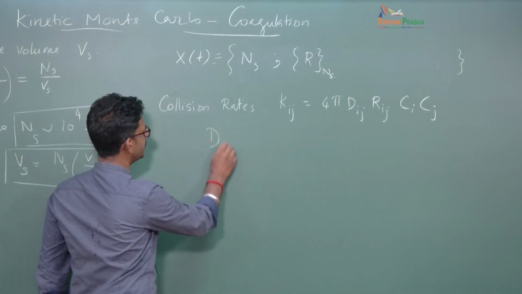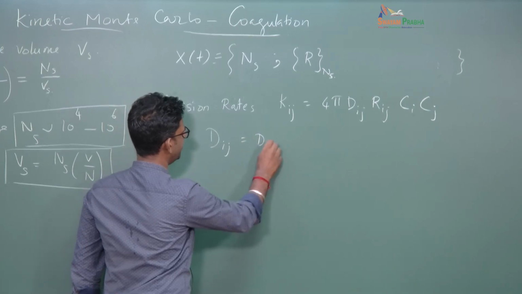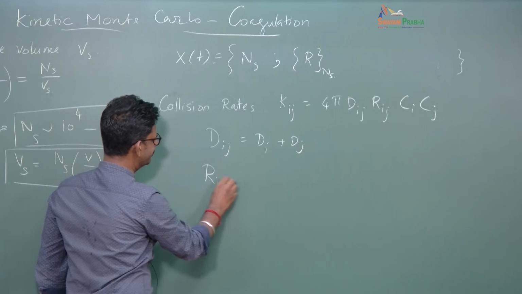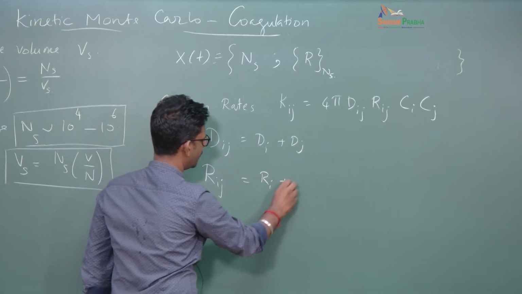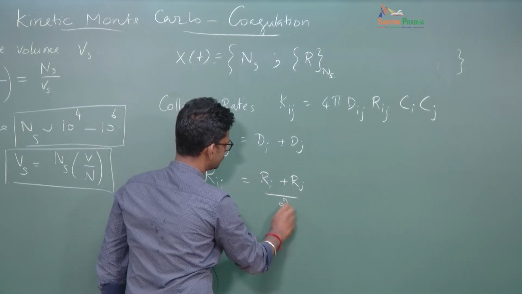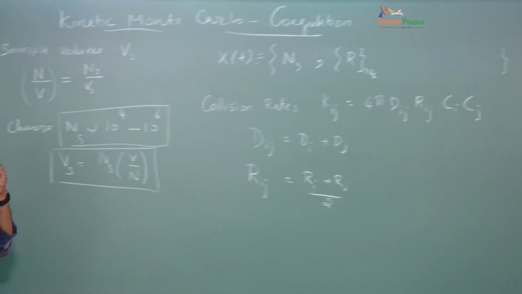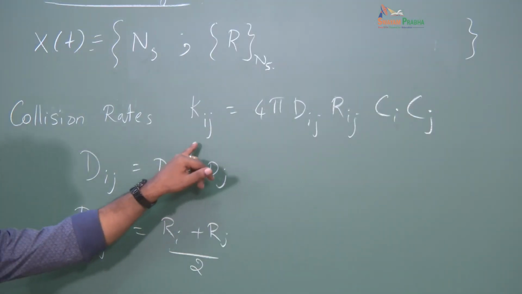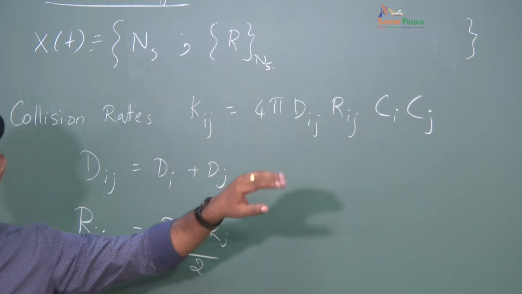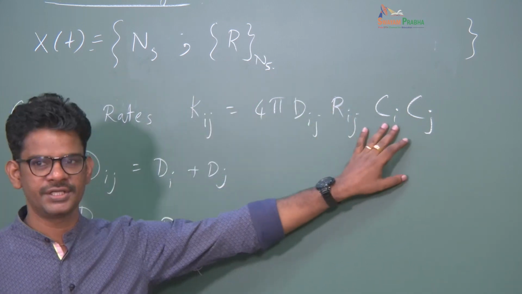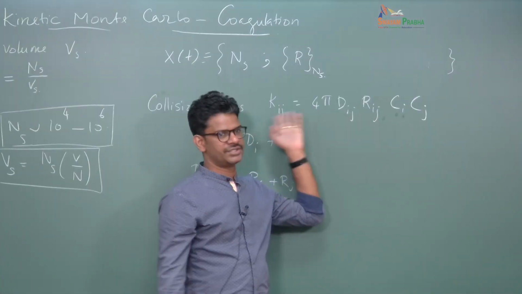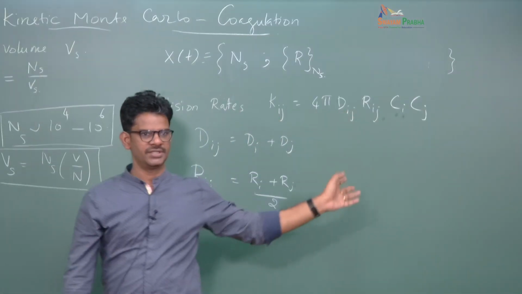So we can write Dij as Di plus Dj, and Rij we wrote as the average, Ri plus Rj by 2. So that means in the continuum limit, when there is a certain concentration of two species, particle I and particle J type, the total collision rate is basically given by this expression. This we saw before.